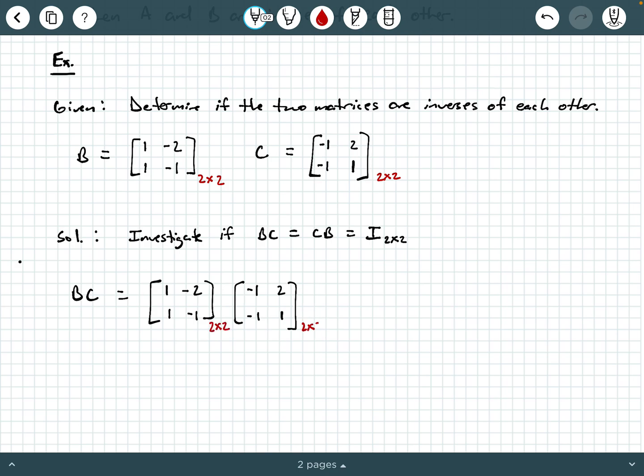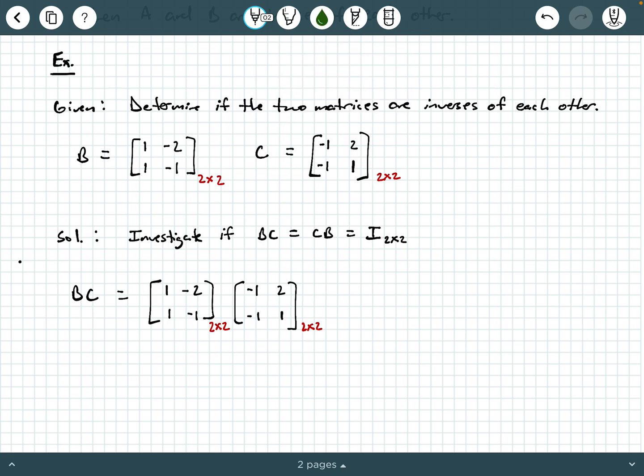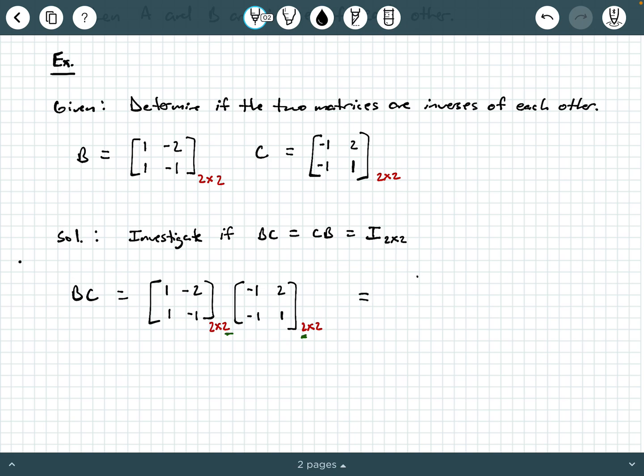And if you remember, in order to be able to multiply two matrices together, the number of columns in the left matrix has to be equal to the number of rows in the right matrix, okay? So we can go ahead and say this equals. Now, what is the size of the product here?